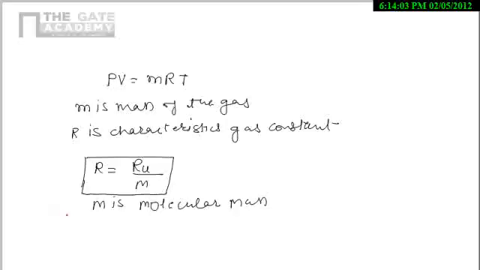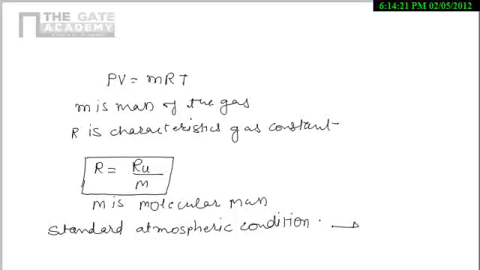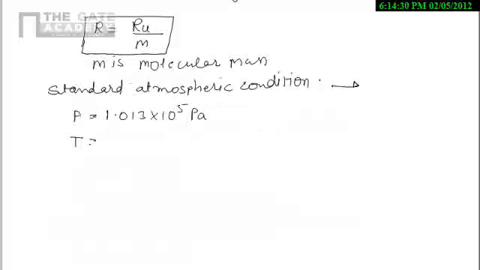Now I will define the standard atmospheric condition and normal atmospheric condition. First I will define standard atmospheric condition. So standard atmospheric condition, pressure will be 1.013 into 10 to the power 5 Pascal, and temperature will be 288.15 Kelvin.